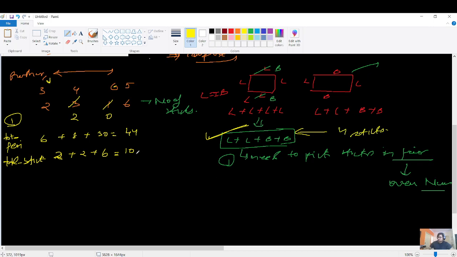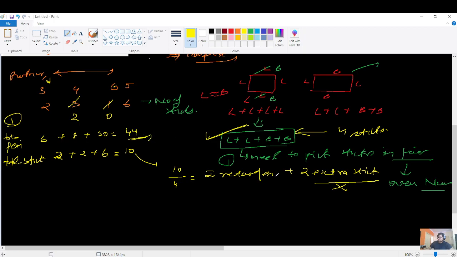I have used total sticks of 10, so if I do 10 by 4, I get how many rectangles are formed, and I can clearly see that 2 rectangles can be formed from here. 2 rectangles plus 2 extra sticks are there, right? I need to subtract these extra 2 sticks from my current answer, right?